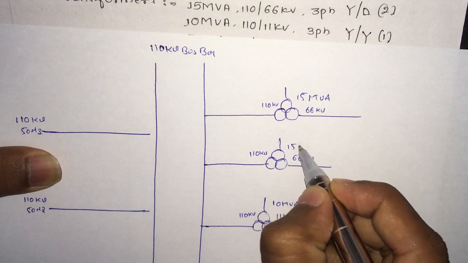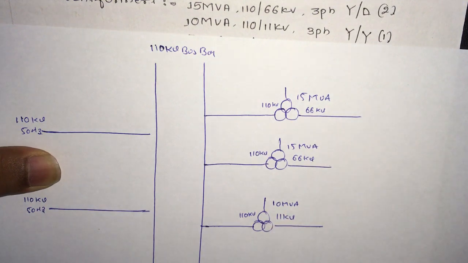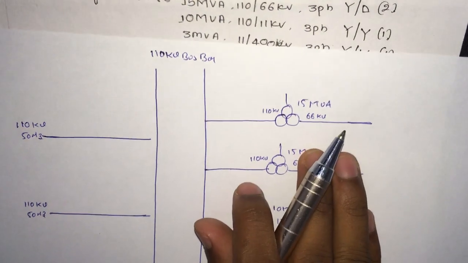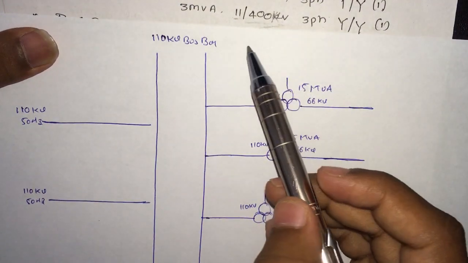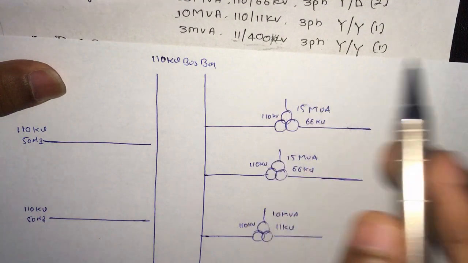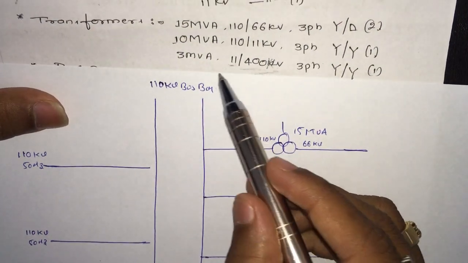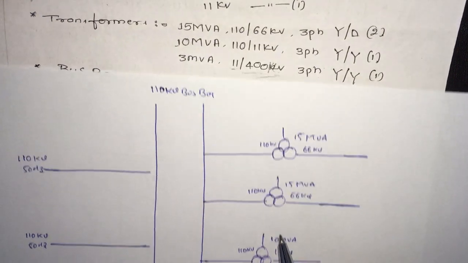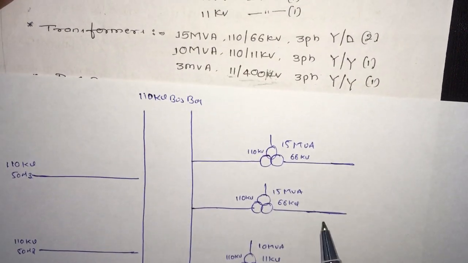Here it is 15 MVA. And we have one more transformer, which is at 11 kV. Since we haven't come across the 11 kV bus bar, we can't take this transformer yet. After that we can move on.